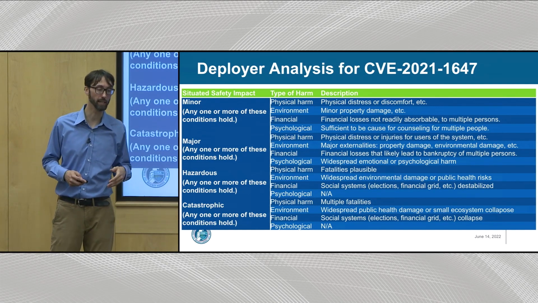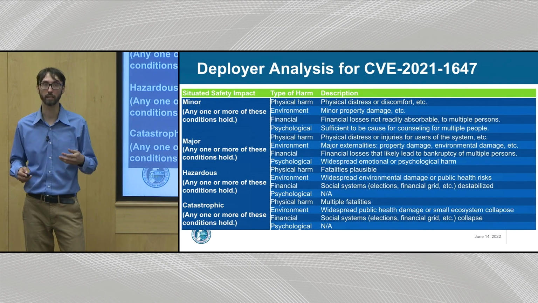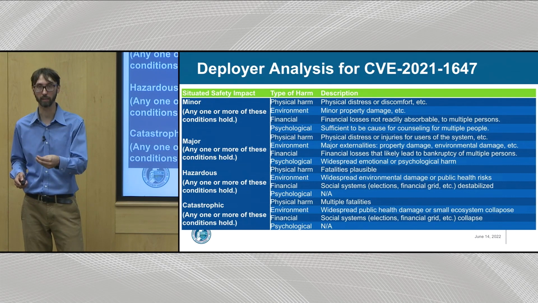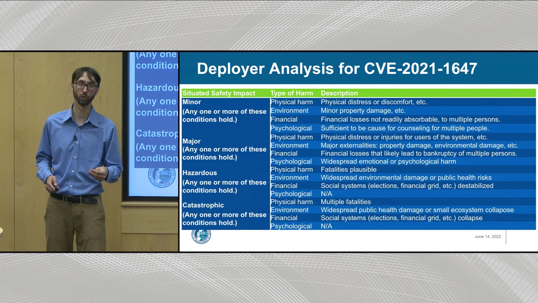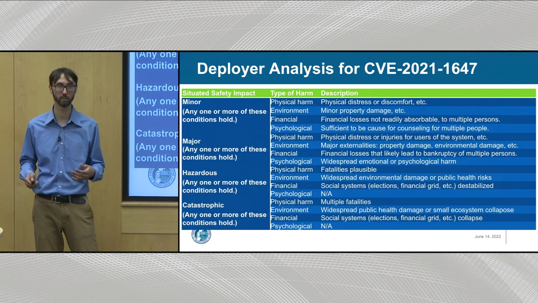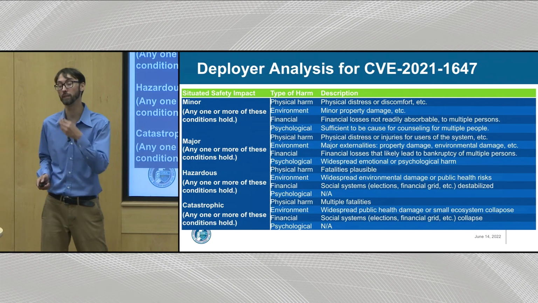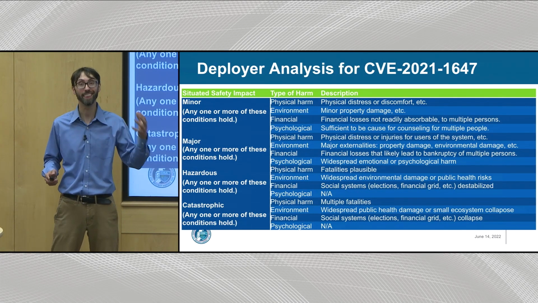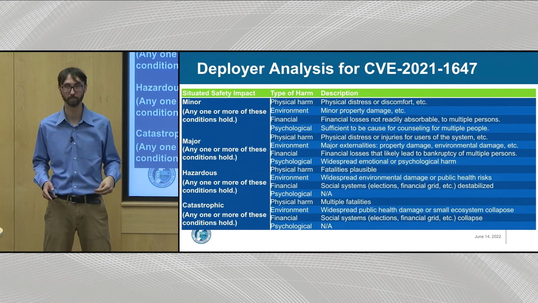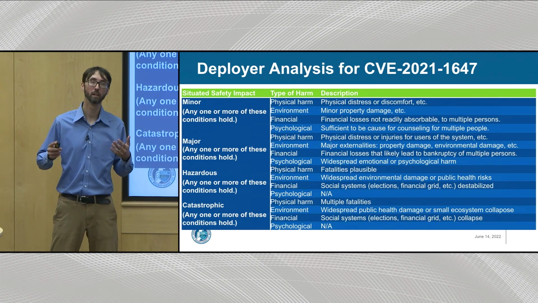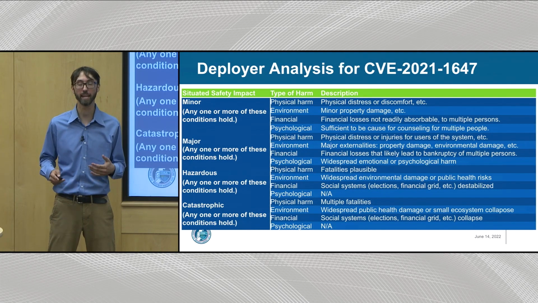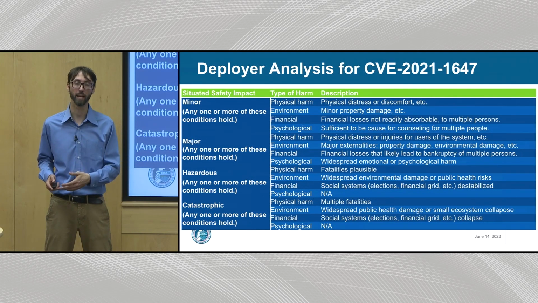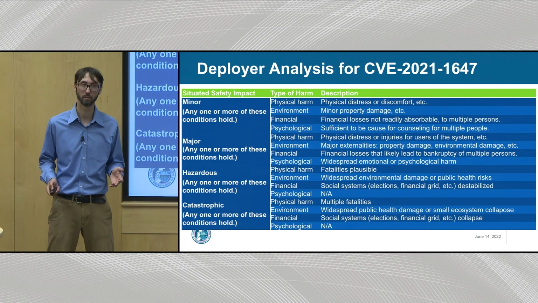If we were running a power plant and a Windows device was directly responsible for monitoring and control of the power systems, then we might have a specific different answer for that specific Windows system. So again, this can vary by asset. It doesn't have to be the same answer for every Windows system in the environment.